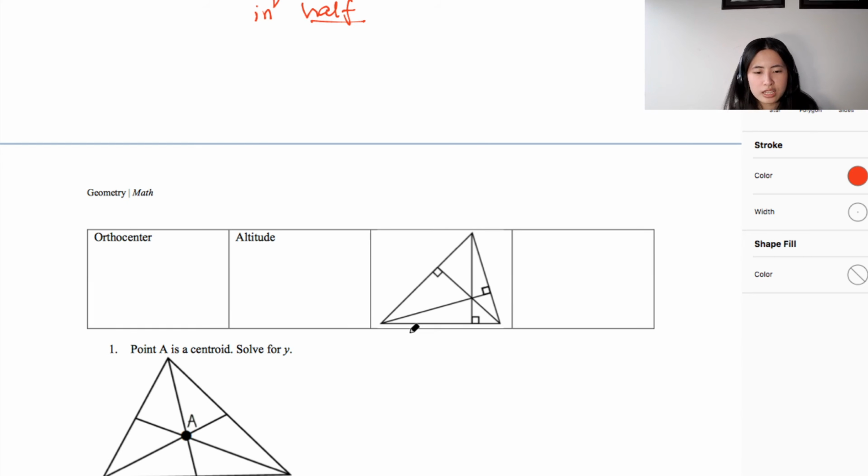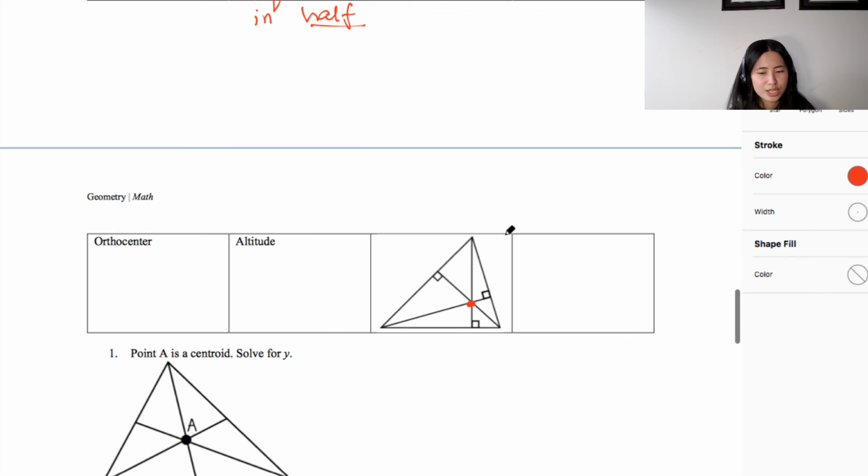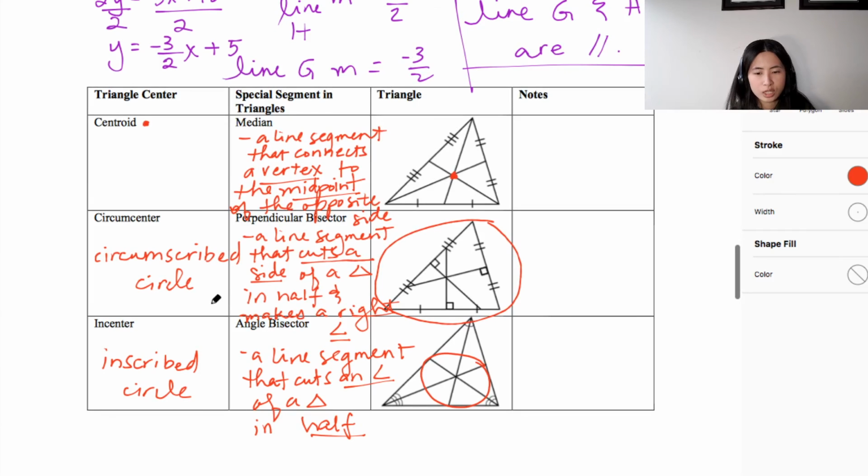So for orthocenter, this is basically right here. So that's your orthocenter. The difference between a perpendicular bisector and an altitude, because they're very similar since they create right angles, is that an altitude starts at a vertex, whereas a perpendicular bisector starts from a side.